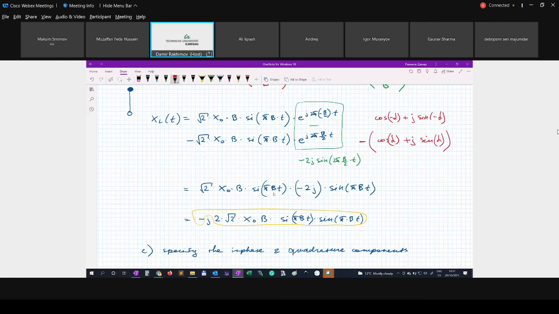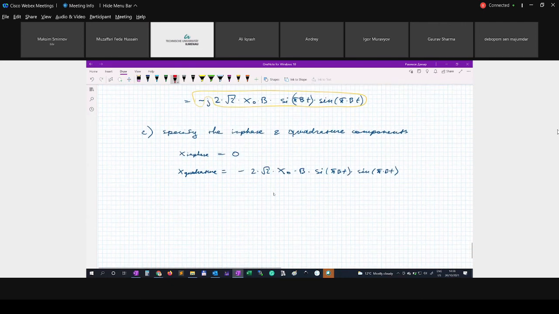And j comes from sine itself. When we calculate the difference between these two parts, j will still be there. We still have this imaginary number, and we have to keep it. Also it's a signal in low pass range, and we can have imaginary numbers in low pass range. Okay, it was a good question.